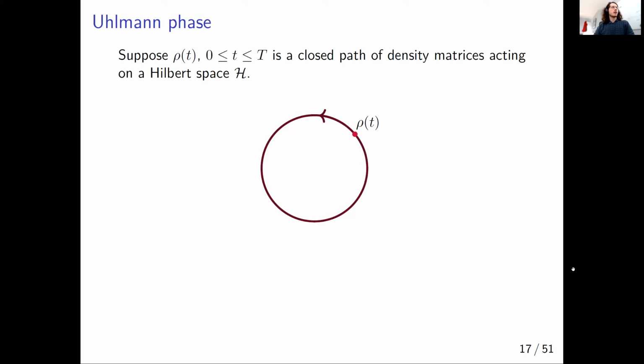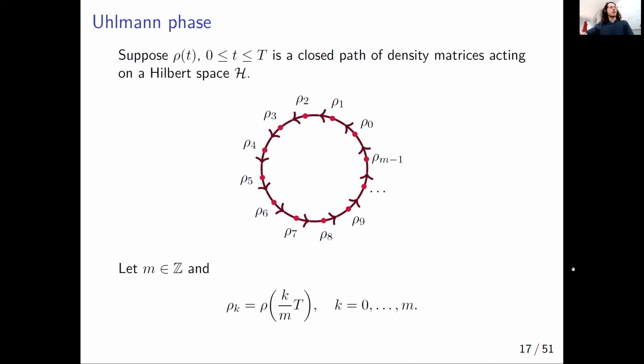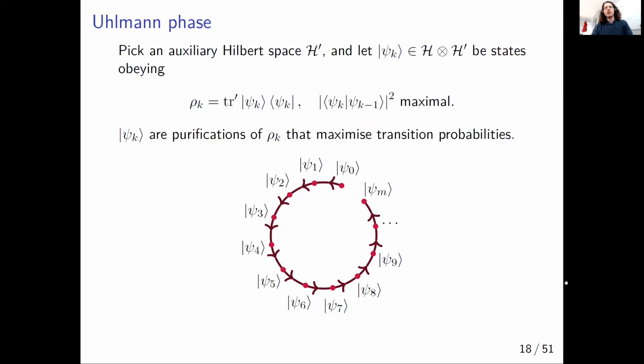Suppose we have a closed curve of density matrices acting on a Hilbert space. Let's pick a large number M of points distributed evenly along this curve, so that we get a sequence of density matrices, rho_k. Next, let's pick an auxiliary Hilbert space, H prime.